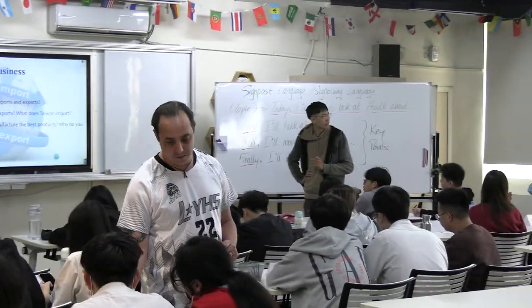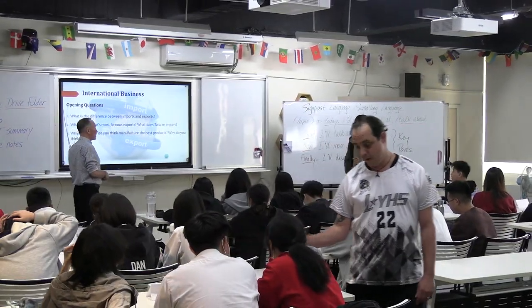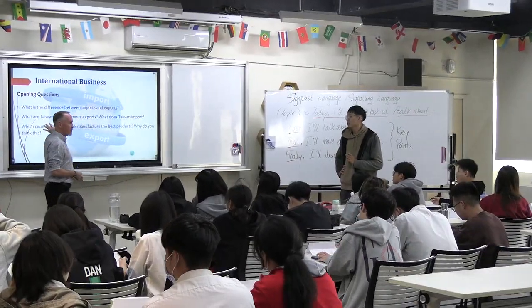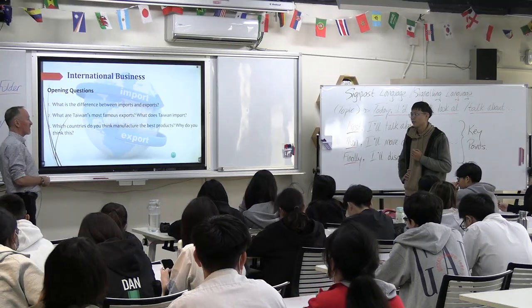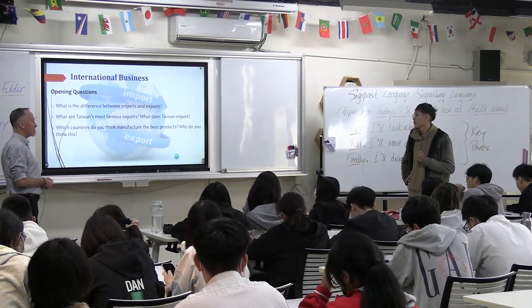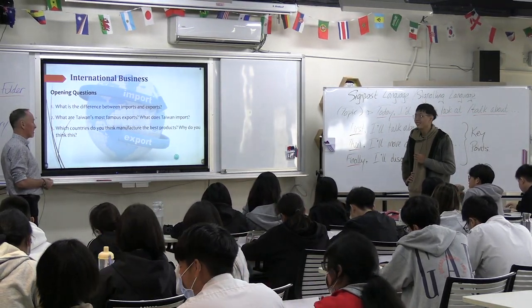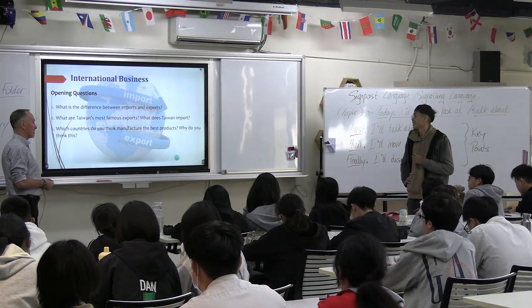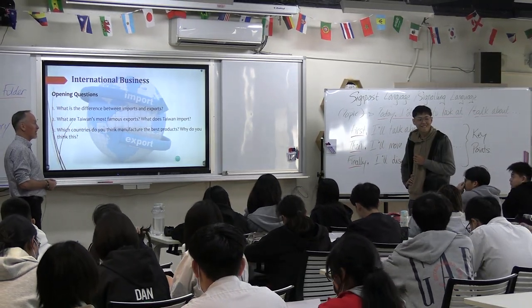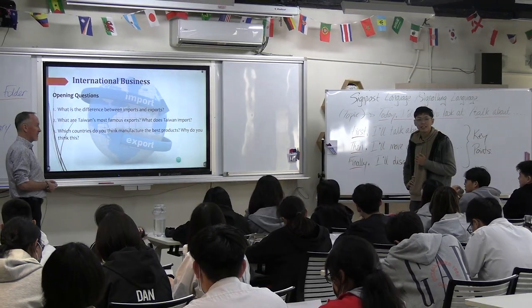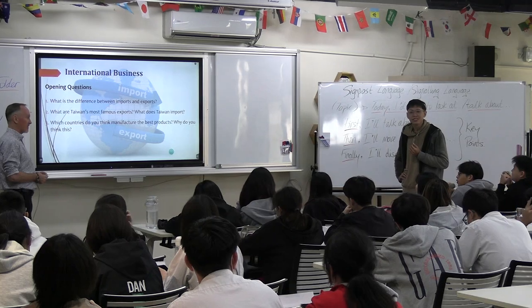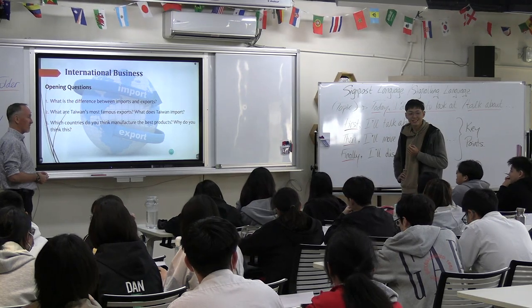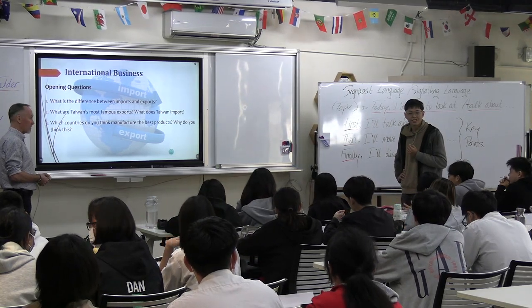Should I explain? No, you just answer. Okay, I would like to answer question 3. And I think Japan makes the best products. For example, many Taiwanese like to buy cars like Toyota, Honda, and Suzuki.